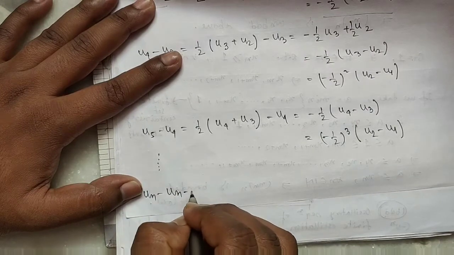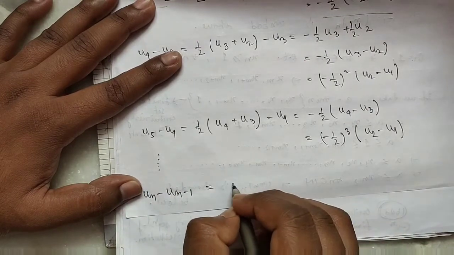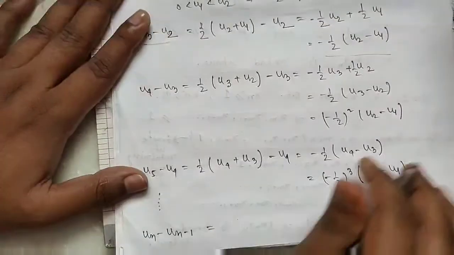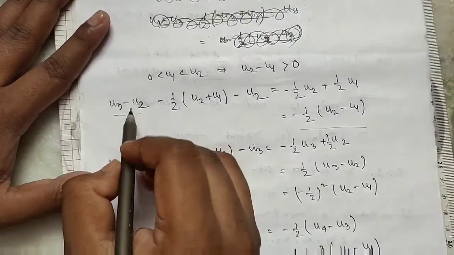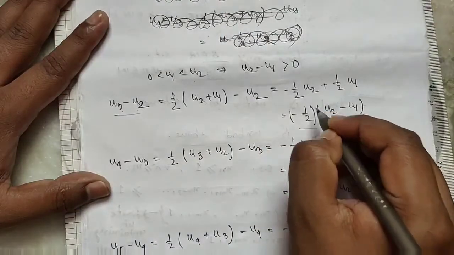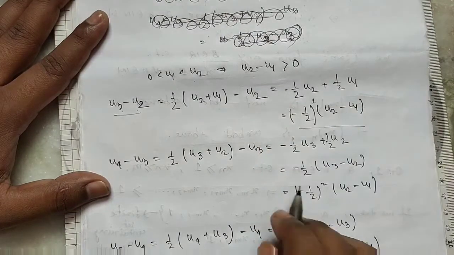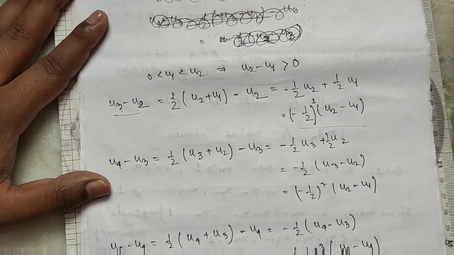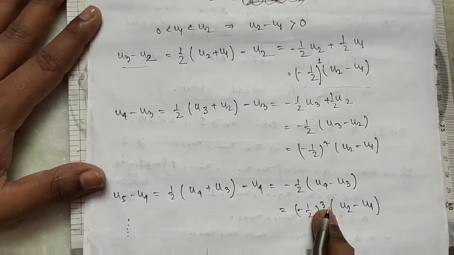We have un minus un minus 1 equal to... see the similarity. First see the similarity. u3 minus u2 is to the power 1, then u4 minus u3 to the power 2, then u5 minus u4 to the power 3.